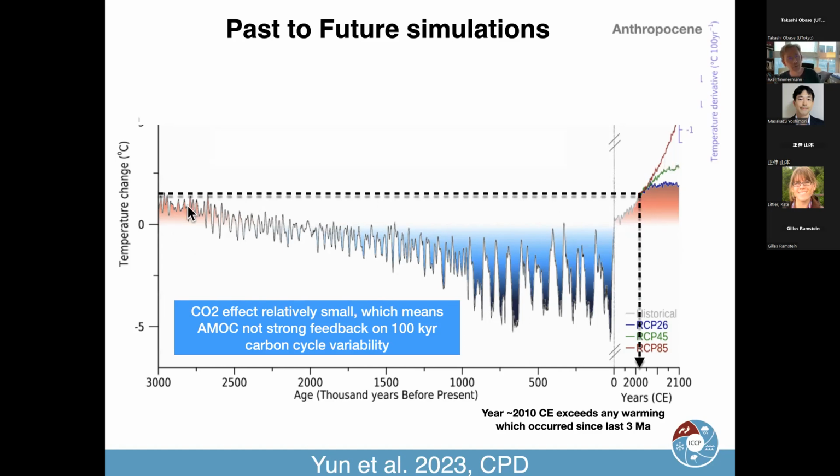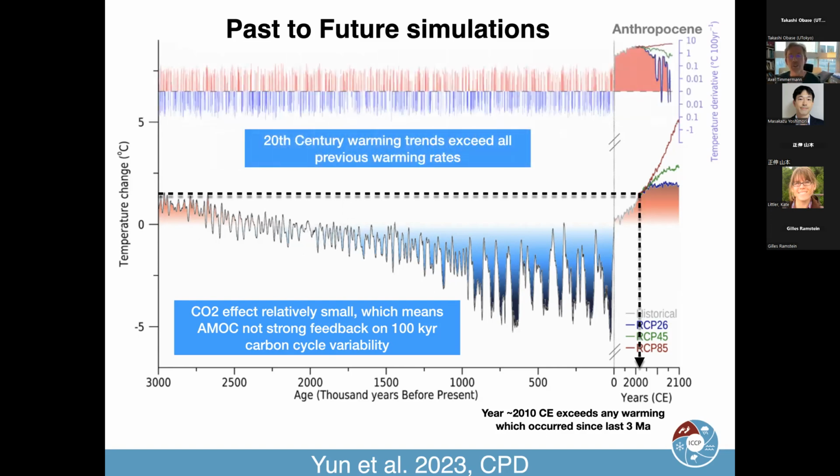We can see, at least according to the simulation, that the highest ever simulated temperature in the late Pliocene was exceeded about the year 2010 in our model simulation. So we would already be higher currently, according to this run, than any previous global mean temperature. Of course, we are neglecting millennial-scale and centennial-scale variability here, but that gives you some context.